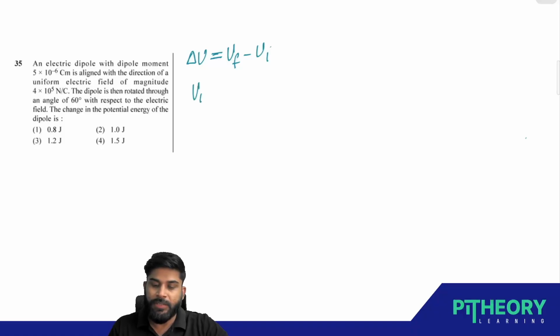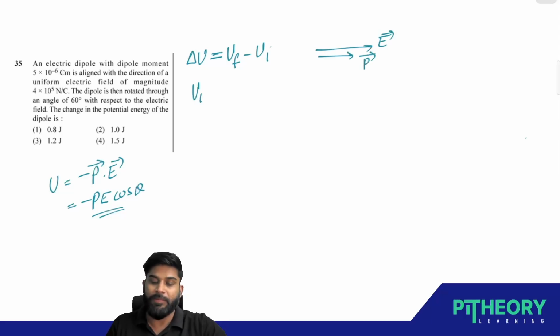What is the relation for potential energy? We have minus P dot E, or minus PE cos theta, we can write. This is the potential energy equation. Initially the dipole is aligned in the direction of the electric field, so the dipole moment and electric field are in the same direction. So the initial potential energy equals minus PE cos 0.